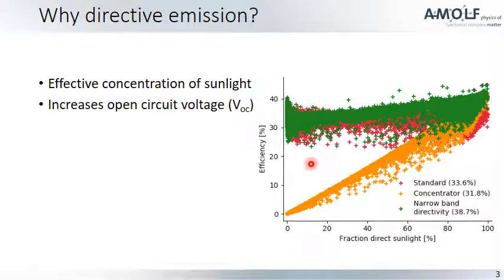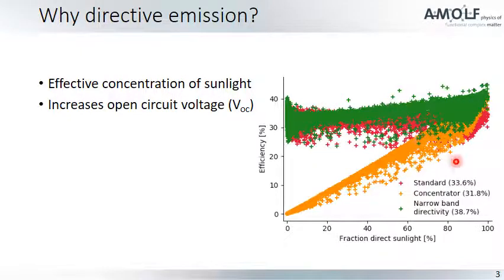However, and that is why we focus on nanophotonic structures, there you can make the directivity wavelength dependent. A macroscopic lens focuses all wavelengths roughly the same way, but with a nanophotonic structure we can make it directive over only a narrow band to make only the emission spectrum of the solar cell directed back towards the sun, but all higher energy is still efficiently absorbed, such that we don't lose out the part of the diffuse sunlight like we see over here.